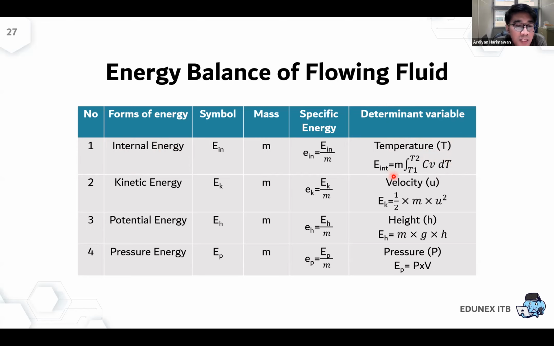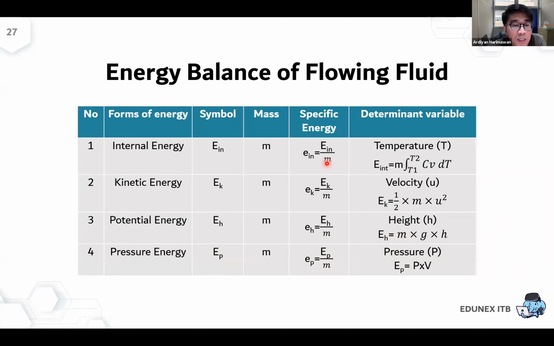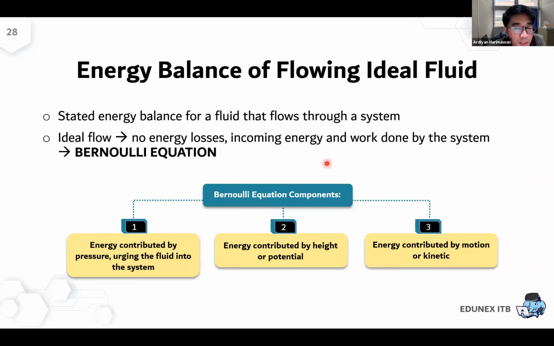And how you express the energy, the unit can be in energy unit in joule, in specific energy, joule per kilogram, in head, in meters, or in pressure energy, in Pascal or ATM. But even when you express it in different units, they are still forms of energy. So you may need to pay attention.